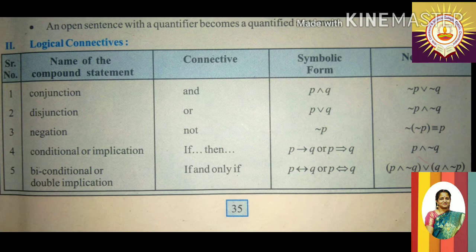Means for the negation of a statement pattern which involves simple statements P, Q, R and so on, and the connectives and, or and negation, it can be obtained by replacing and by or, or by and, and the statements P, Q are replaced by negation P, negation Q or negation R, whatever the statements are given. See the De Morgan's law.